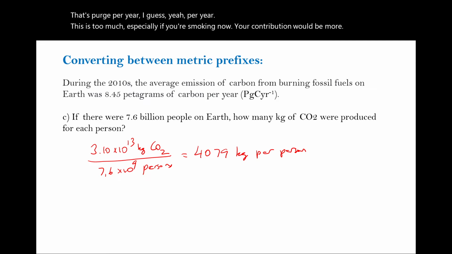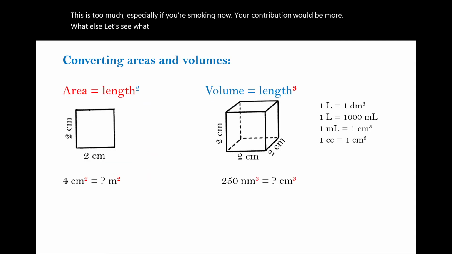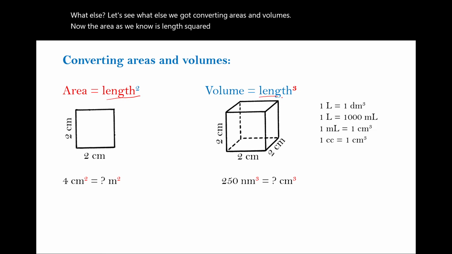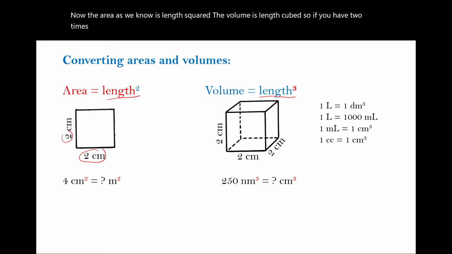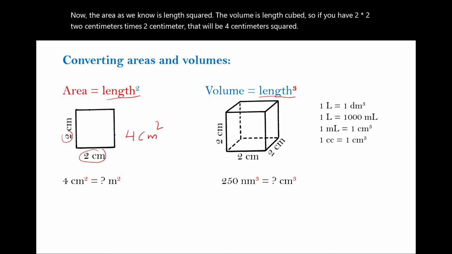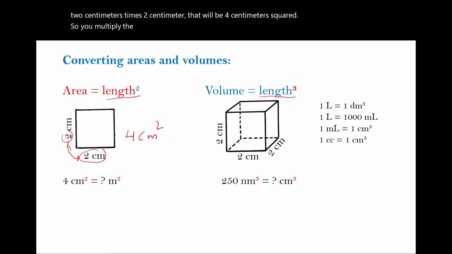What else? Let's see what else we got. Converting areas and volumes. Now, the area, as we know, is length squared. The volume is length cubed. So if you have 2 centimeters times 2 centimeters, that will be 4 centimeters squared. So you multiply the numbers, but you also multiply the units, so centimeter times centimeter is centimeter squared.